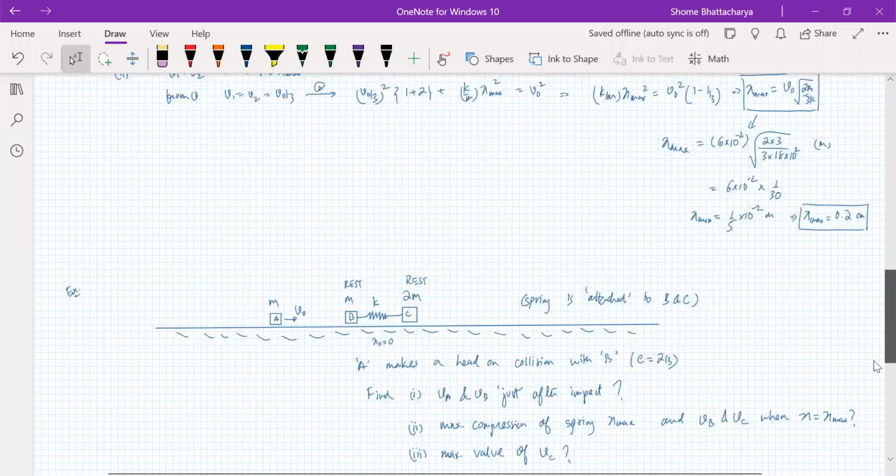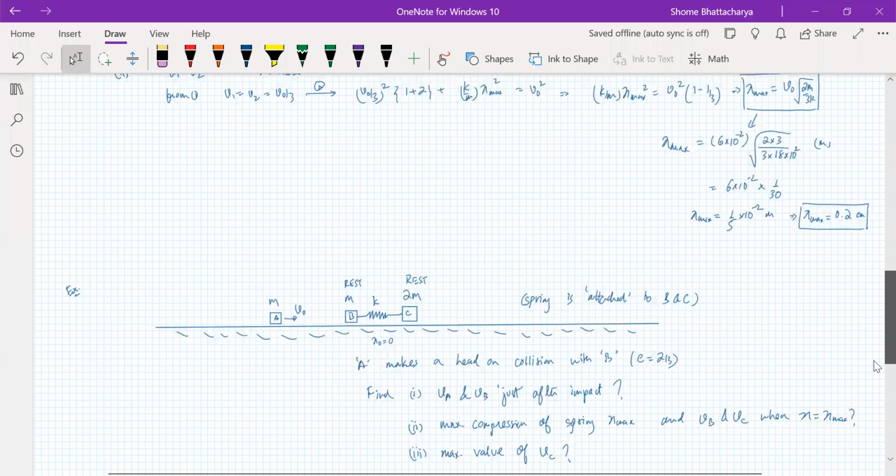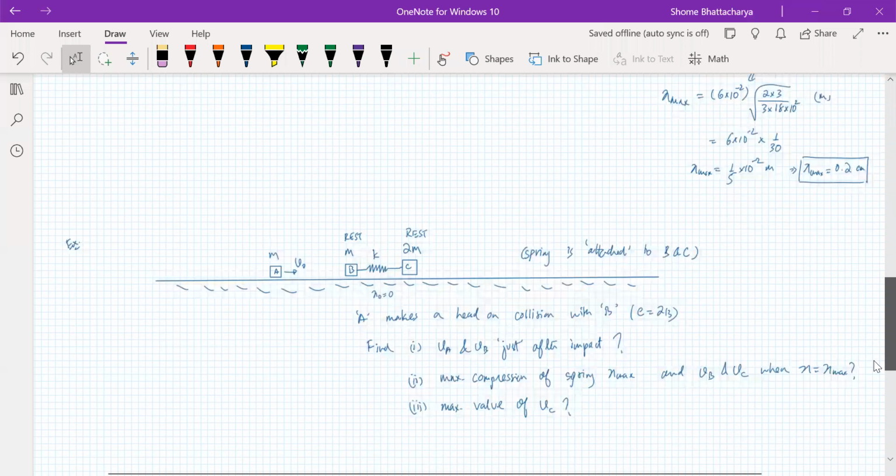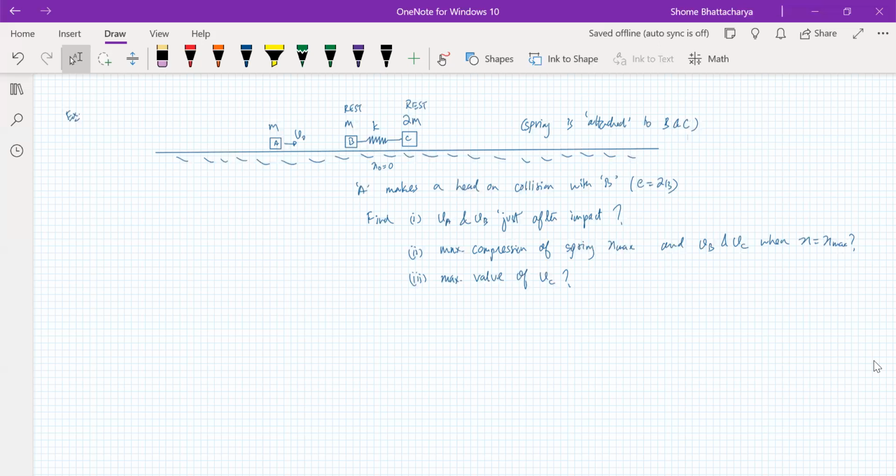So the event of collision between A and B is so fast that it's like the spring hasn't got the time to react before that collision is over. So we can treat the collision between A and B like an independent event, like the first event. And then from that snapshot onwards, when the collision is over between A and B, then it becomes a situation where B has got some momentum and the spring now starts to compress.